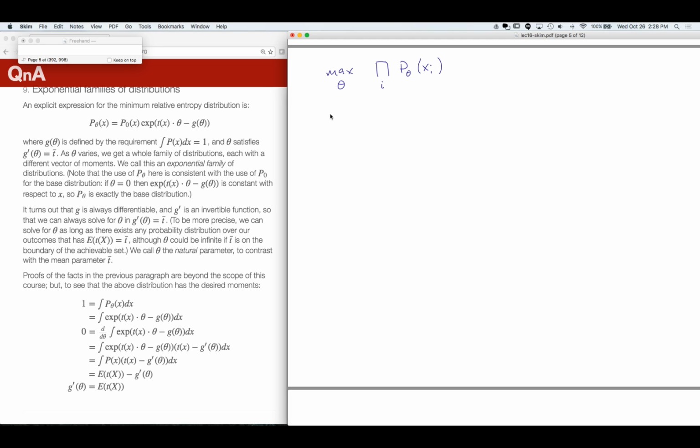Which is the same as max over theta of the sum over i of the log of p theta of x i. And here's the distribution.